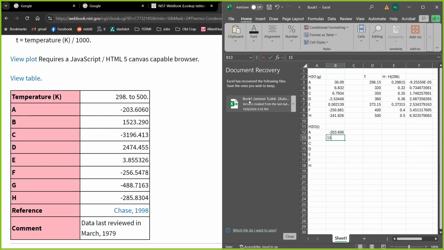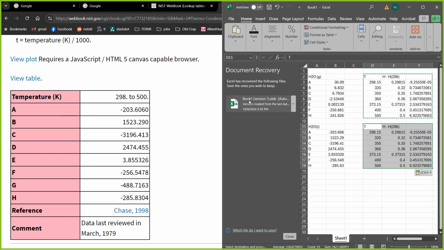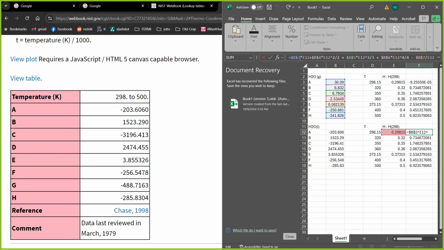6060, 1523, 290, 96.413, 2474.455, 85326, 256, 285, 8304. And then all I need to do is just copy and paste my table of temperatures and enthalpies over here, and then adjust my constants so that they're pointing to the right ones instead.